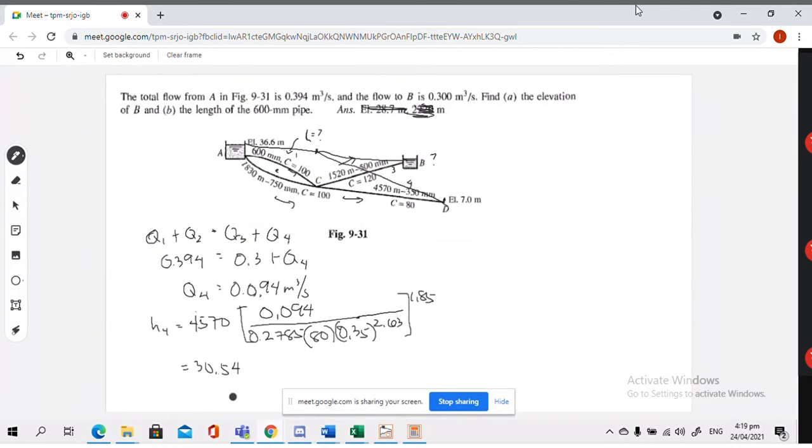If you add this to 7, the elevation at C is equal to 7 plus 30.54, which is 37.54. That's wrong, it already exceeded.